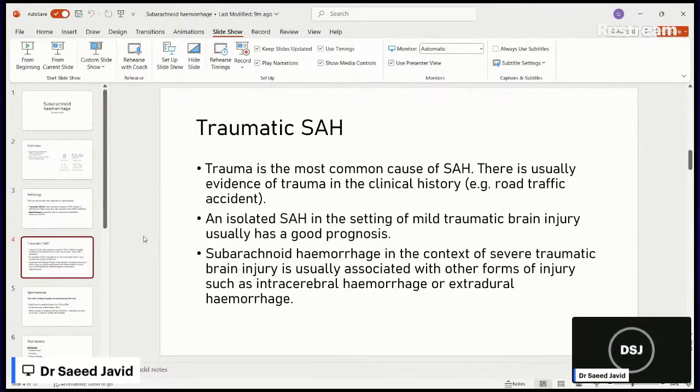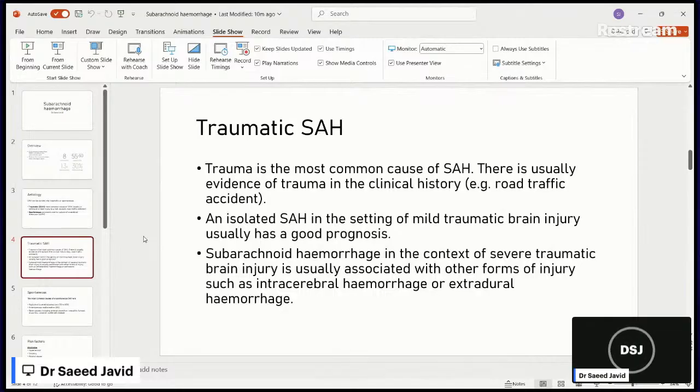More on the subject of trauma. A lot of the time, because of the trauma these patients face, they actually have coexisting injuries, so they have an intracerebral hemorrhage or an extradural hemorrhage. And usually with trauma, you can see that there is a spectrum.